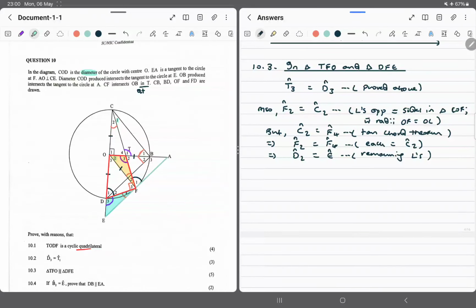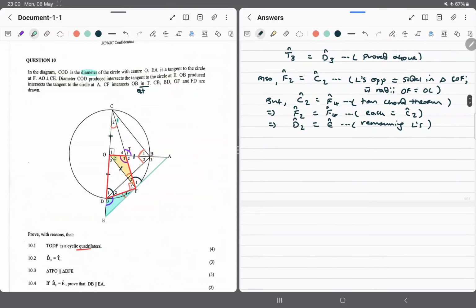Remaining angles, or one can say three angles of a triangle, or sum of three angles of a triangle. Therefore, we know now that triangle TFO is similar to triangle DFE. The reason is that it's a triple A.